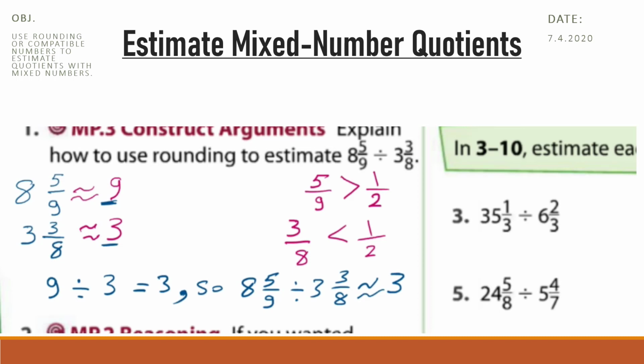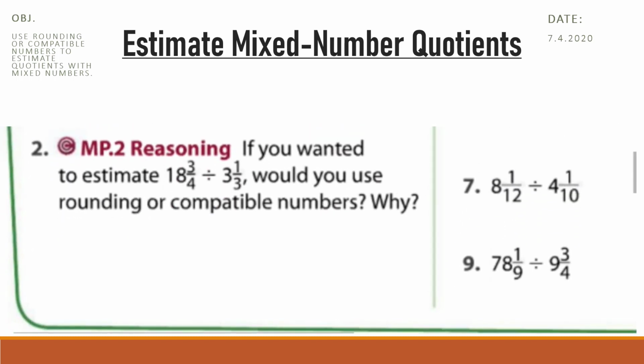In the second question, if you wanted to estimate 18 and 3/4 divided by 3 and 1/3, what would you use? Rounding or compatible numbers? Okay, let's start first.